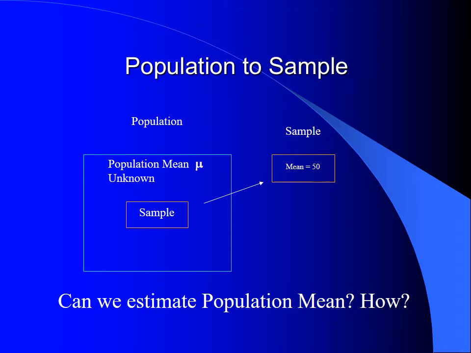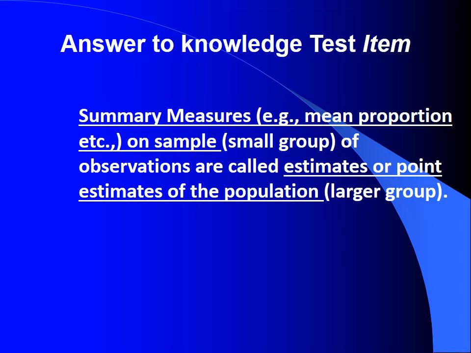On a group of measurements, suppose it is a quantitative measurement, you compute the mean. Let us suppose the mean is 50. Can we estimate the population mean? What we have is the sample mean. So is the sample mean equivalent to the population mean? If so, how? That is what we are now going to discuss.